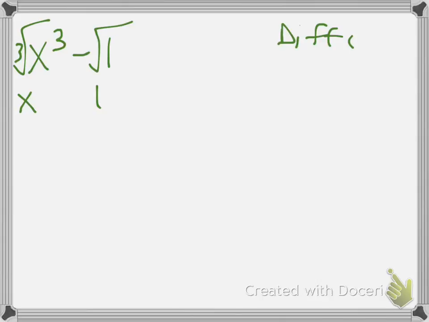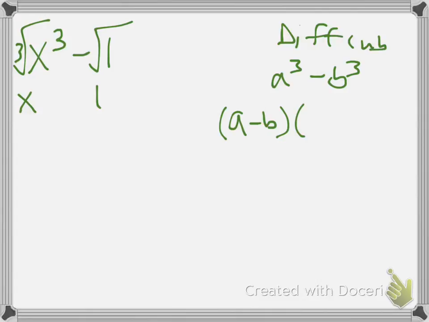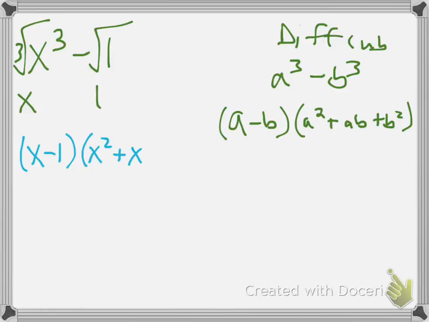When you have a difference of cubes, that is a cubed minus b cubed, it will always become a minus b times a squared plus, because it's opposite, a times b plus b squared. So I know the factors of x cubed minus 1 are going to be x minus 1, and then x squared plus x, because 1 times x is x, plus 1, because 1 squared is 1. And those are the factors.